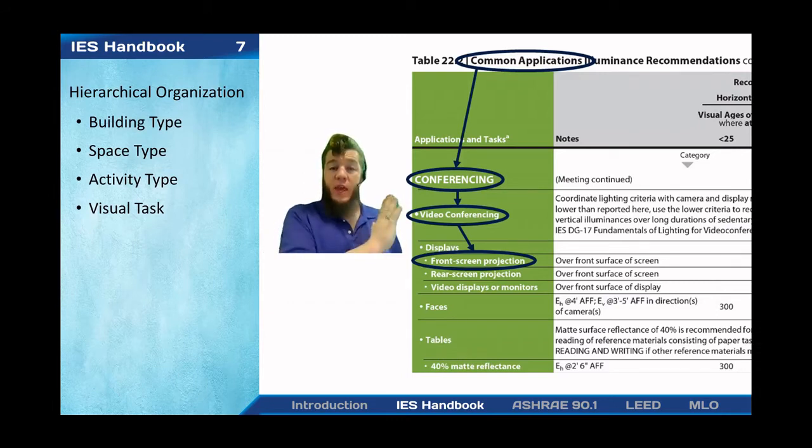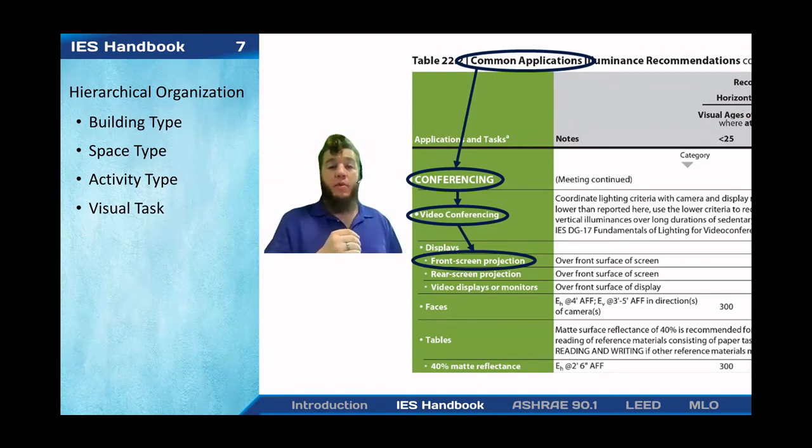In this case, this table here is just common applications. However, there are chapters for specific building types like healthcare and museums and schools and so on and so forth. Once you're in the correct building type, keeping in mind common applications are always going to be superseded in the IES Handbook and as well in ASHRAE by the specific building type recommendations.